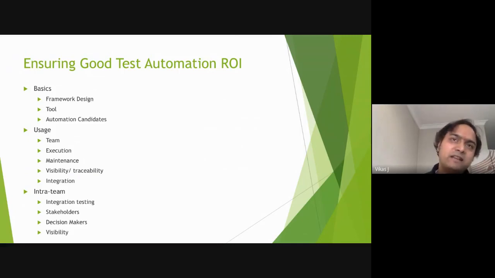Ensure that it's integrated with all the necessary applications out there, be it a test management tool, defect management tool, requirement management tool, or any cloud-based solution, and the reporting tool, so that there's no manual switch required.